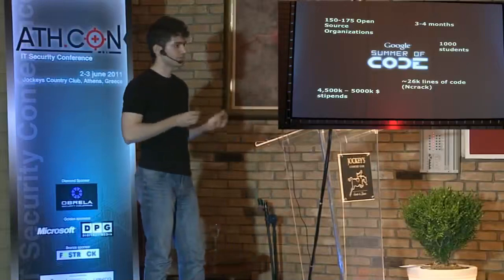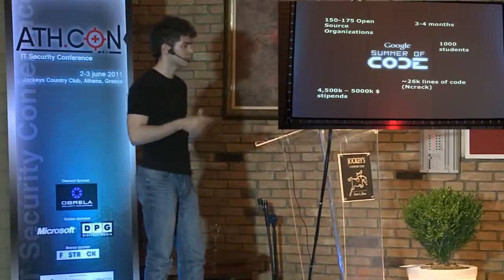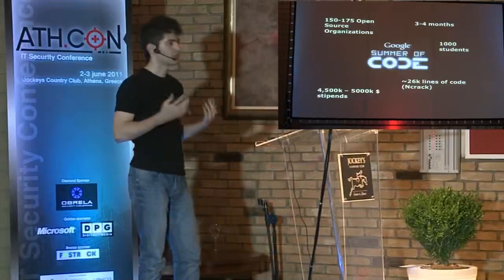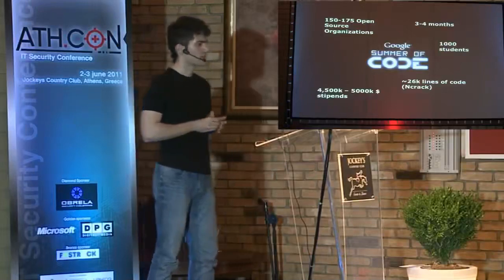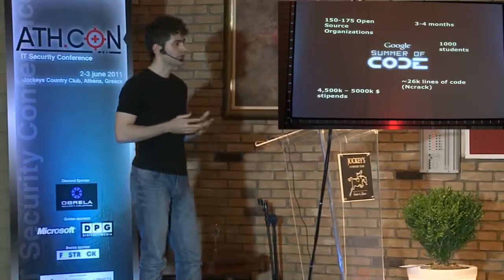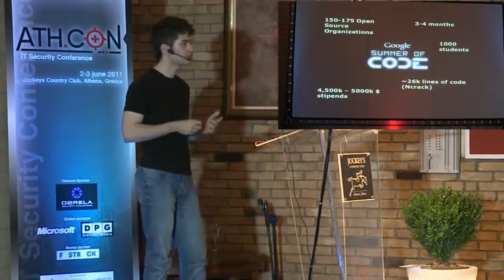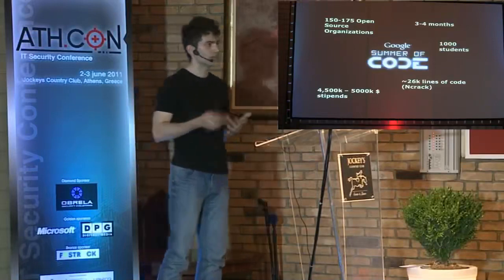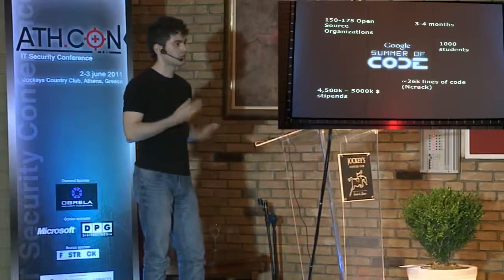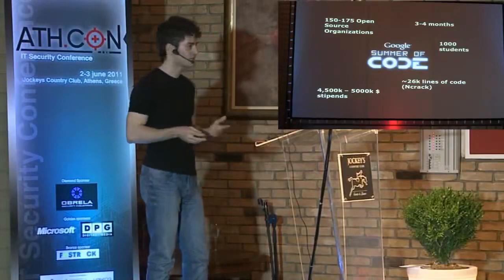And he told me that after having written Nsock, which is a library for a socket abstraction layer that Nmap uses, almost 10 years ago, he was planning to write a flexible and very fast authentication cracking tool called Ncrack. He had even registered the domain ncrack.org, but he never had the time to do it. So he told me, why don't you do it? Why don't you start it from scratch now? And of course I agreed without further ado.